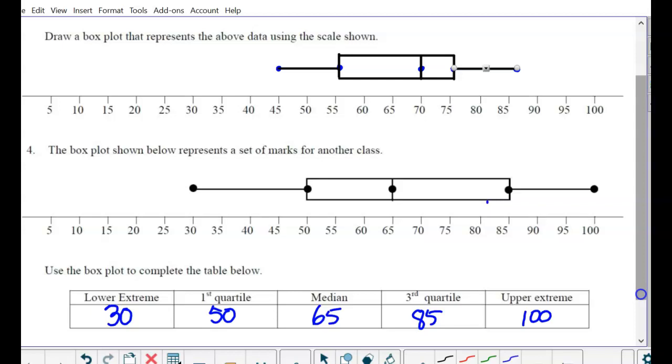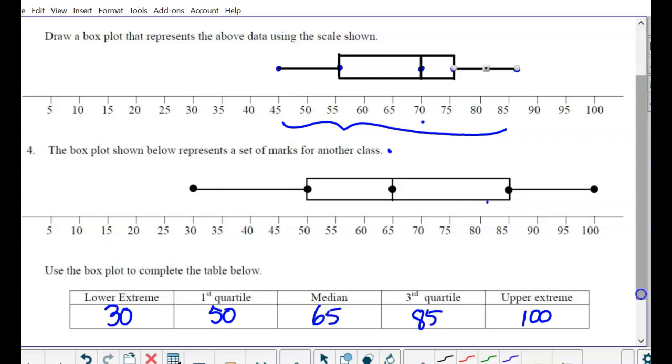Okay. So taking a look just in terms of analyzing these, the median in this exam was lower than this class. So same exam, this median was lower than this one. Okay, but if you take a look, these marks were all above 45. So these ones were not.